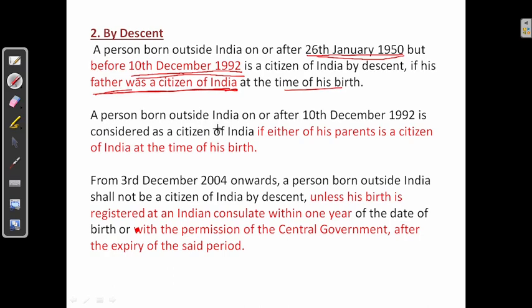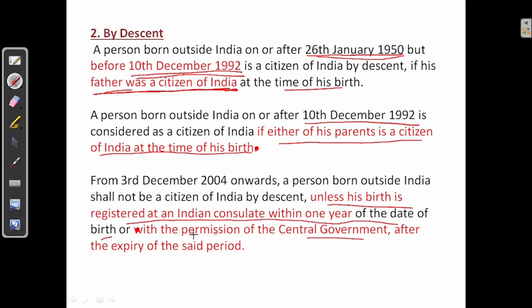Next, a person born outside India after 10th December 1992 is considered a citizen of India if either of his parents is a citizen of India. Okay. Next, from 3rd December 2004 onwards, a person born outside India shall not be a citizen of India by descent unless his birth is registered at the Indian consulate within 1 year of the date of his birth, or with the permission of the central government after the expiry of the said period.